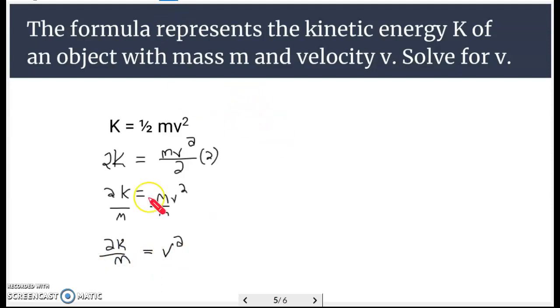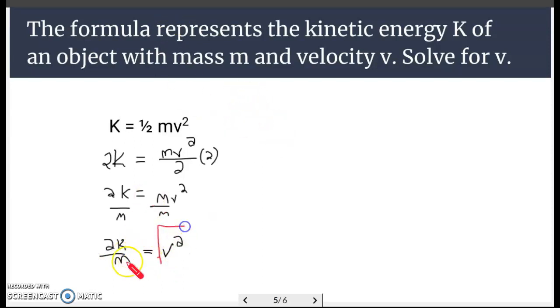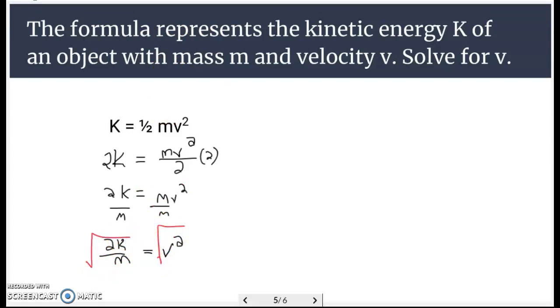We can now take the square root of both sides. And then we need to rewrite it to save a little space up here. V is now by itself. We'll write v first. We have plus or minus. Fraction, anytime you have a fraction, put numerator 2k and the denominator m.